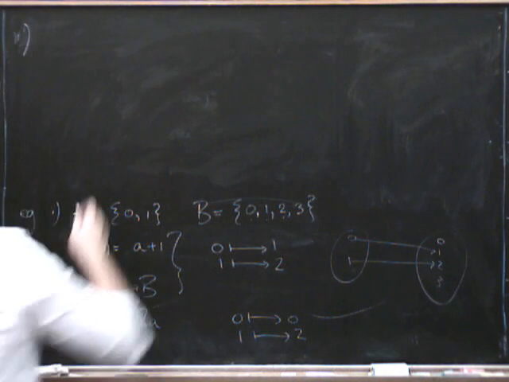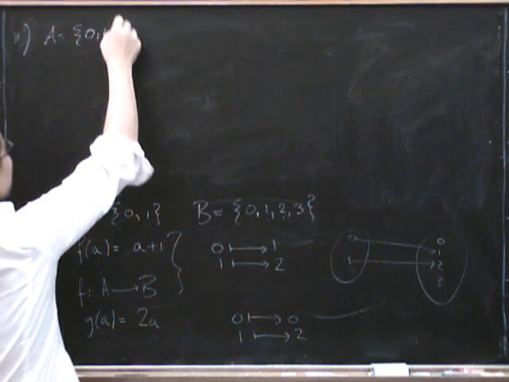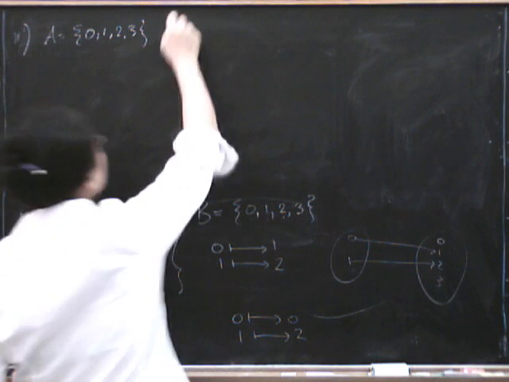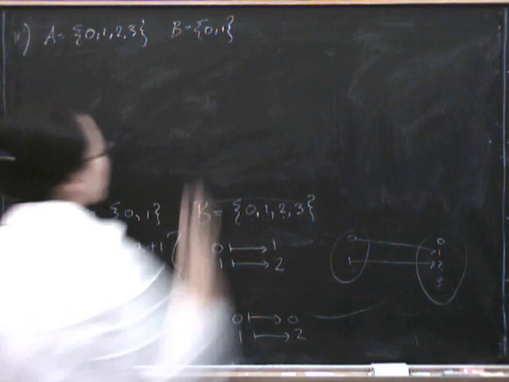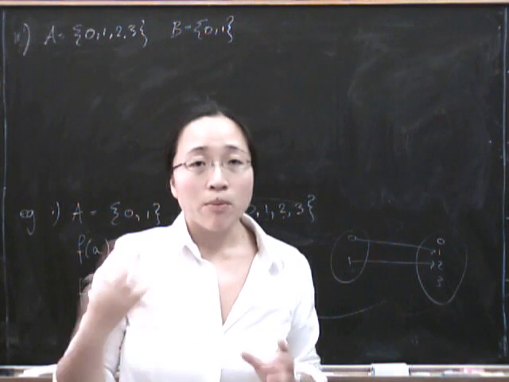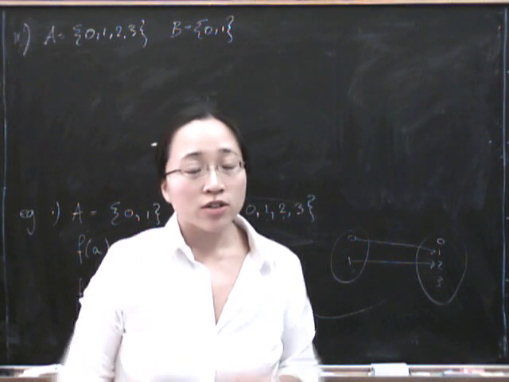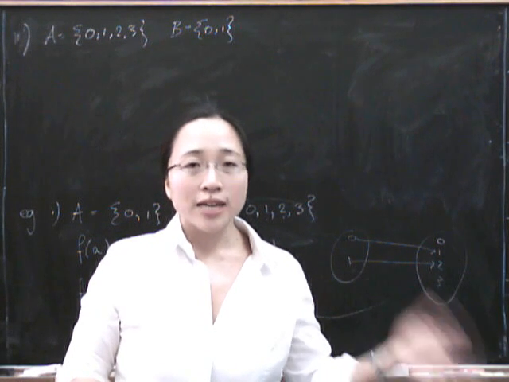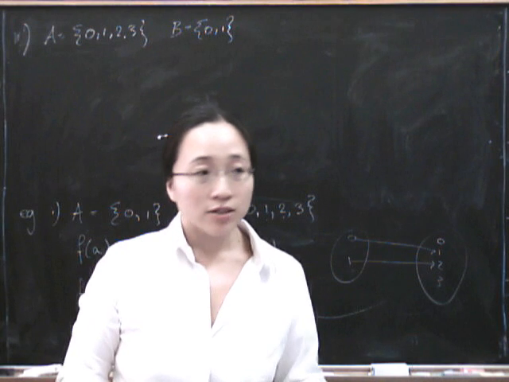Let's take A to be the set 0, 1, 2, and 3 this time. And let's take B to be the set 0 and 1. And this time what our function is going to do is give us the remainder of a number after we've divided it by 2. So imagine that you don't know how to do fractions anymore, so if something isn't divisible by 2, when you take the remainder you're just going to get 1. If it is divisible by 2, then when you take the remainder you'll get 0.